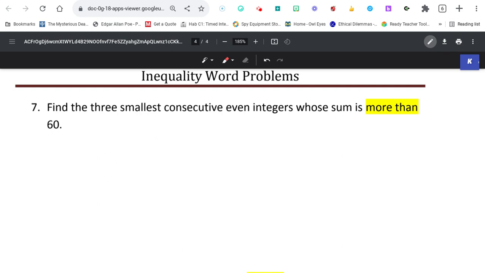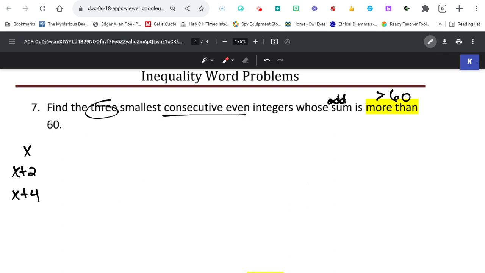So we're still going to follow the rules we learned with just regular word problems when we wrote equations. Consecutive even integers count by 2. So I'm looking for 3: x, x plus 2, and x plus 4. But I have to sum them, or add them, and I need it to be more than 60, okay?